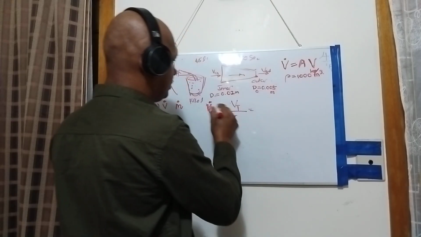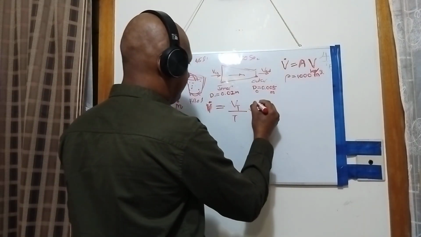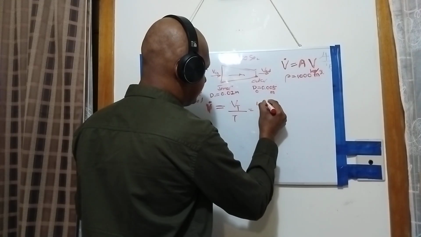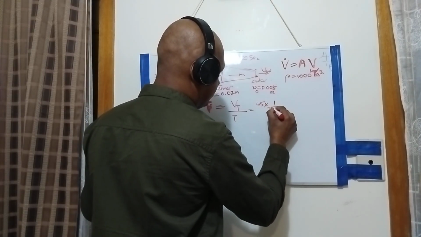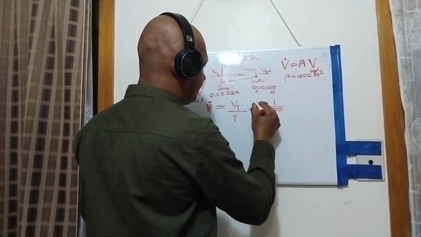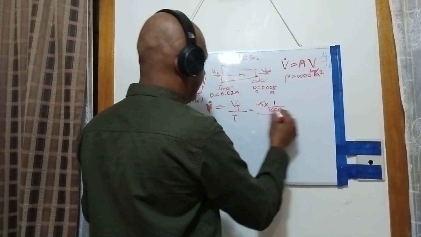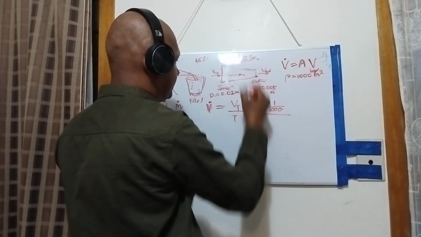So the total volume is 45 liters. 1000 liters is 1 cubic meter, so 45 liters would be like that, and then divided by 50 seconds.